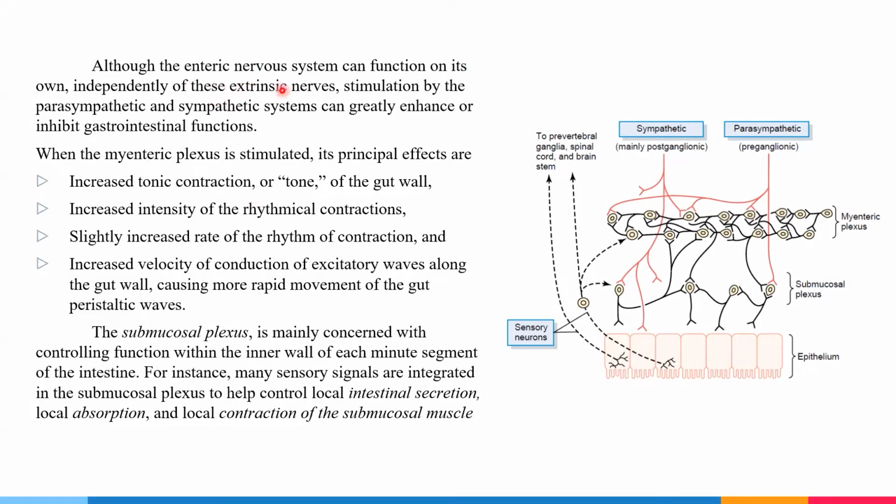Although the enteric nervous system can function on its own, independently of these extrinsic nerves, stimulation by parasympathetic and sympathetic systems can greatly enhance or inhibit gastrointestinal functions.